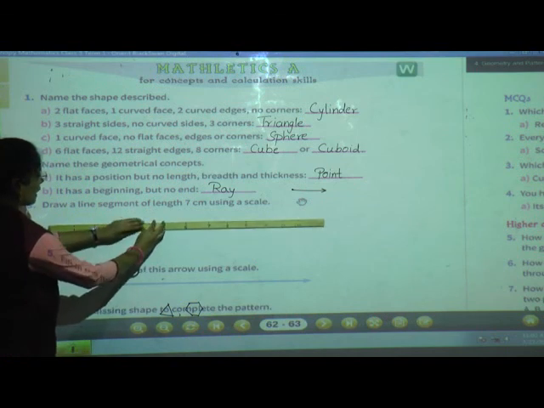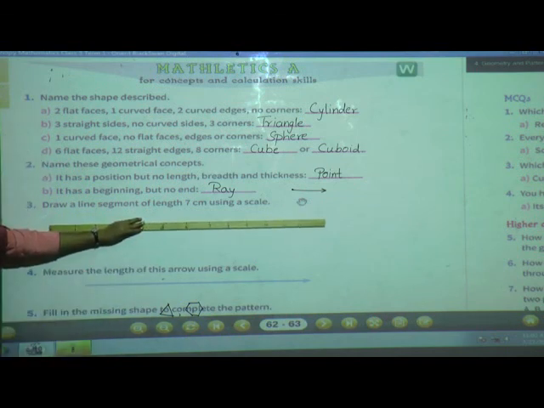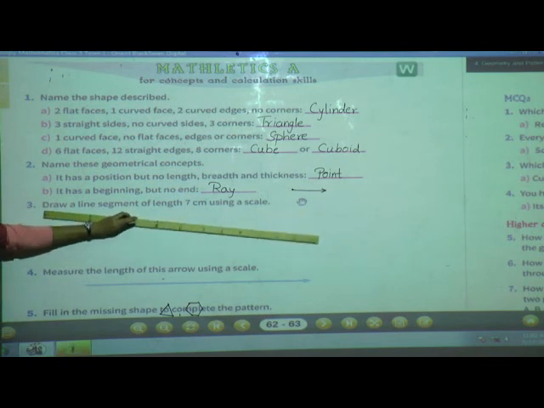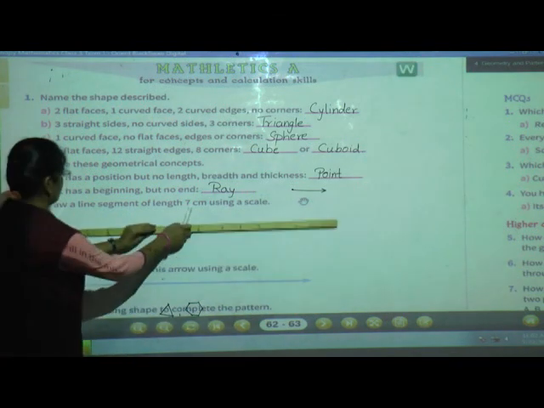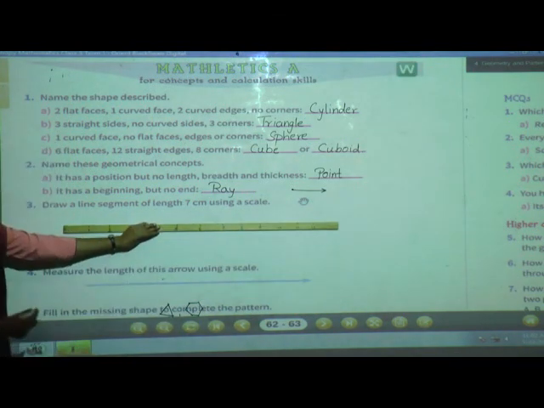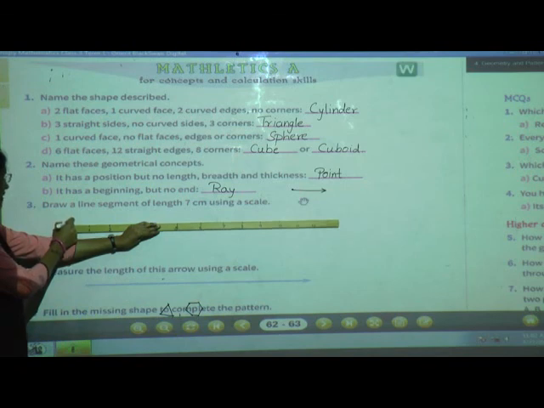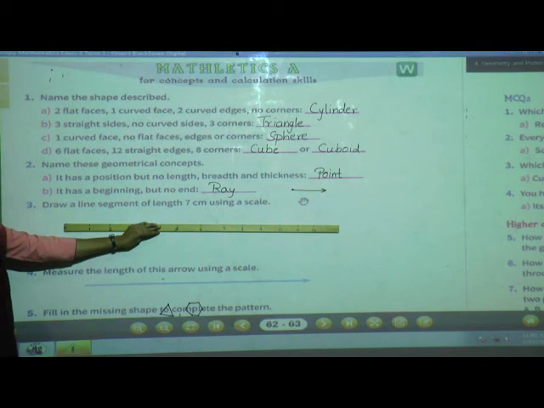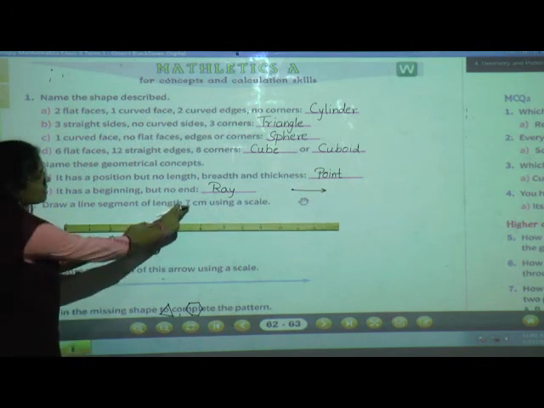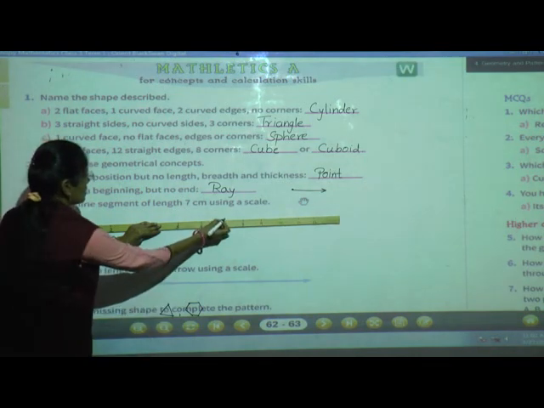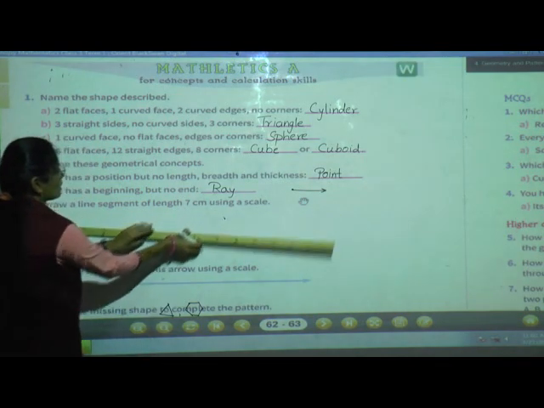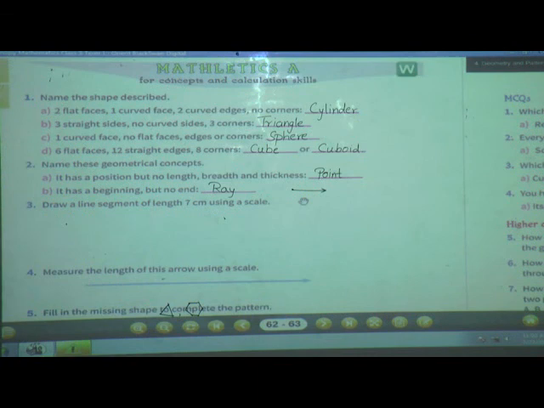Hold it with one hand in this way and put a point against the 0 mark. Now the length of the line segment is 7 cm. So see, the 7 is here. In this way we get 2 points.